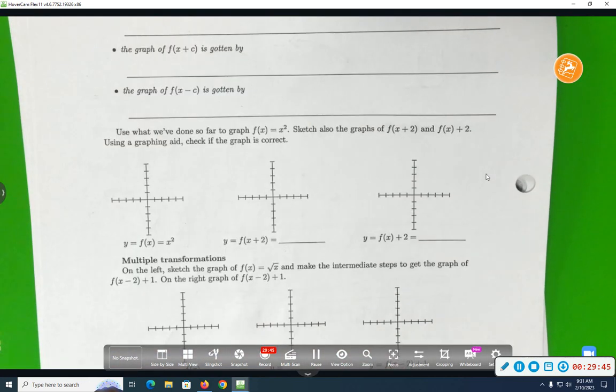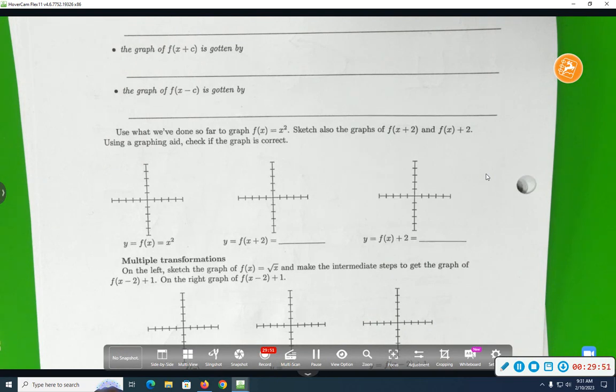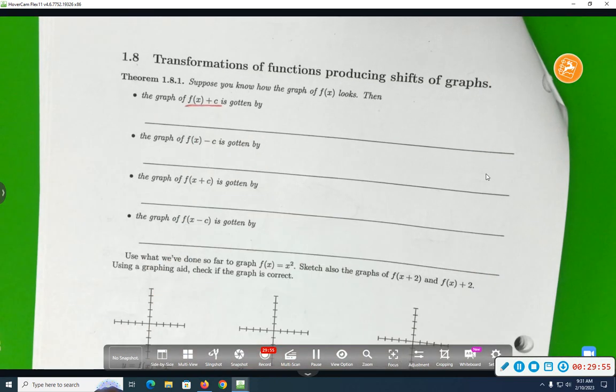So let's suppose you have some graph, you know what it looks like. Maybe it's a graph of y equals x cubed or absolute value of x or something. How do you get the graph of that same function plus a constant? What should that do to the graph? So it's like you're taking all of the outputs and adding a number to them.